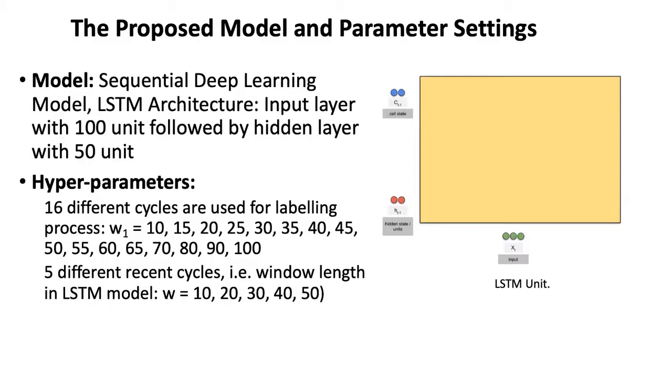We use 16 different cycles for the labeling process, and 10 to 15 different recent cycles, which we can call the window length in the LSTM model.